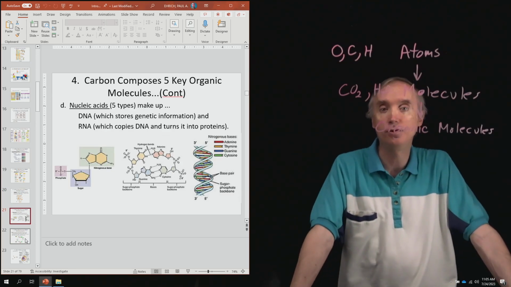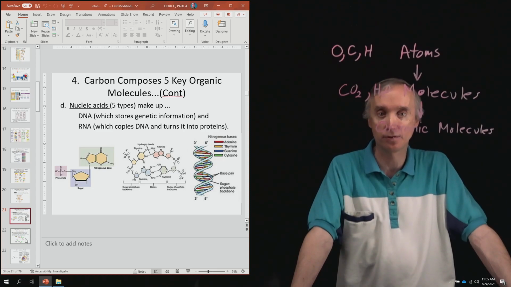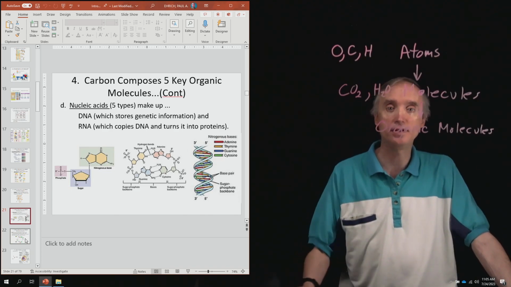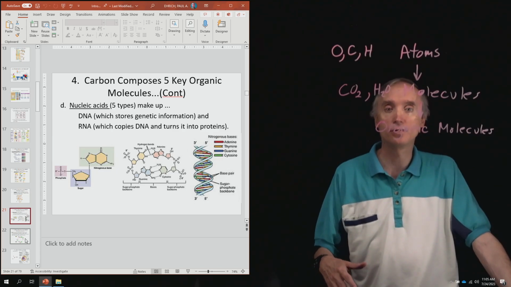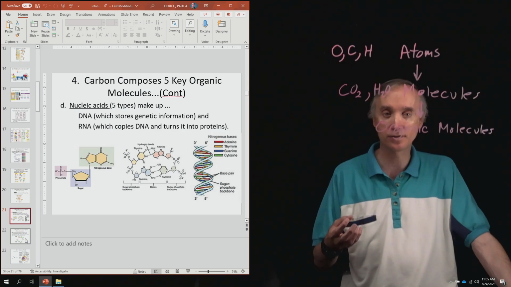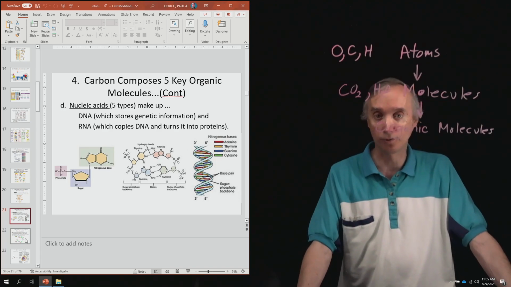Okay, then you also have nucleic acids. So there are 2 kinds of nucleic acids, DNA and then RNA. And DNA is going to be the thing that contains the chemical instructions for your body.